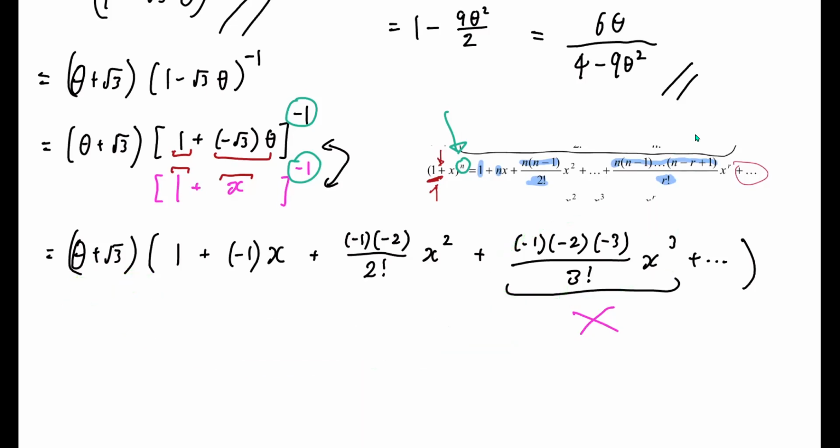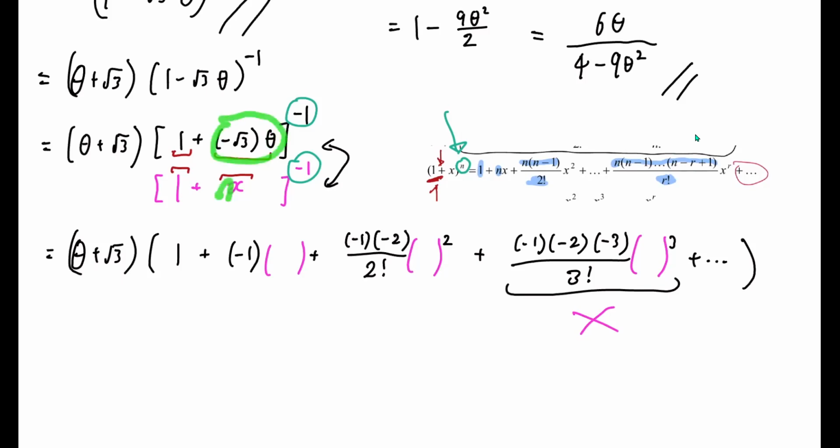And I realized I made a mistake. Sorry. It's not x, right? It's not x everywhere. What should it be instead? It should be -√3 theta.